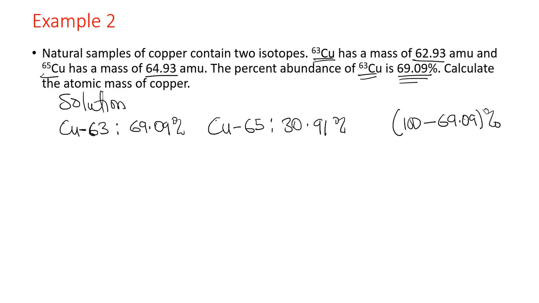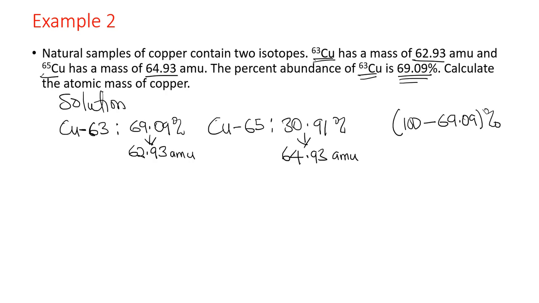Now we have the percentages. Each percentage has its mass. Copper-63 has a mass of 62.93 atomic mass unit. Copper-65 has a mass of 64.93 atomic mass unit.